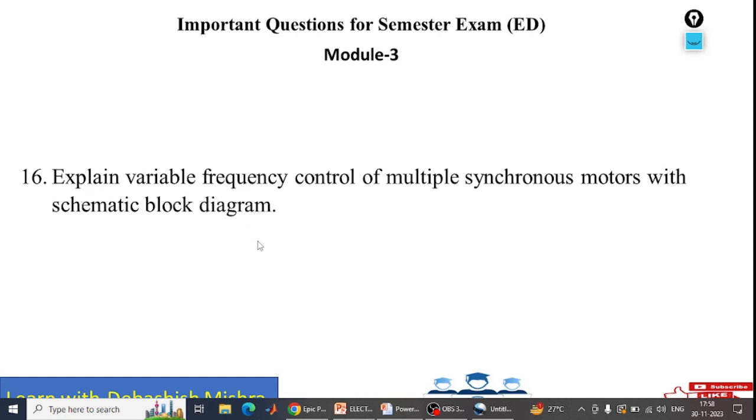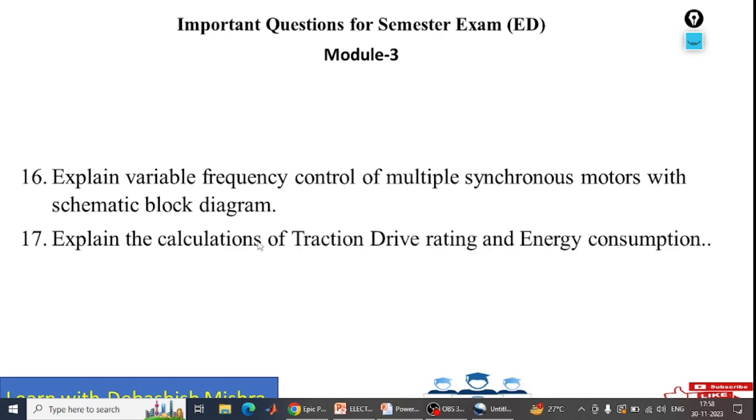And then traction. From traction also so many short questions are there. According to your syllabus, whatever I have observed, this may be a long question. Otherwise these are short questions, and I will prepare the short questions. Now you just prepare for long question: explain the calculation of traction drive rating and energy consumption. I think it may be a long question.